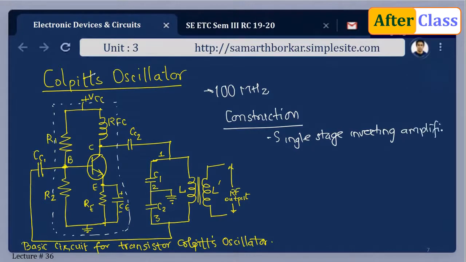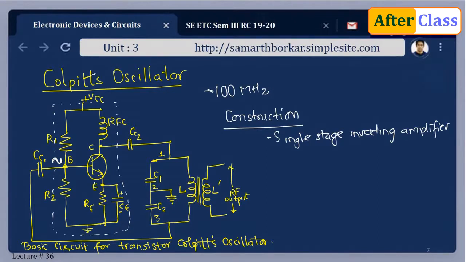What we mean by inverting amplifier: if I have a fictitious signal at the base terminal, then this transistor is connected in common emitter configuration, and common emitter configuration has a very high gain, so we can use the feedback mechanism that we have discussed in negative feedback amplifiers.